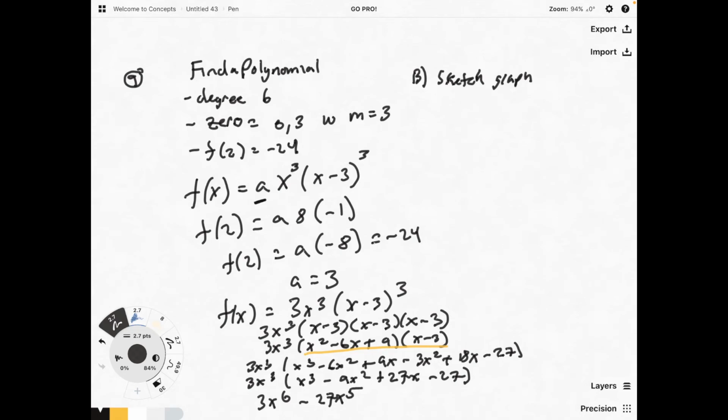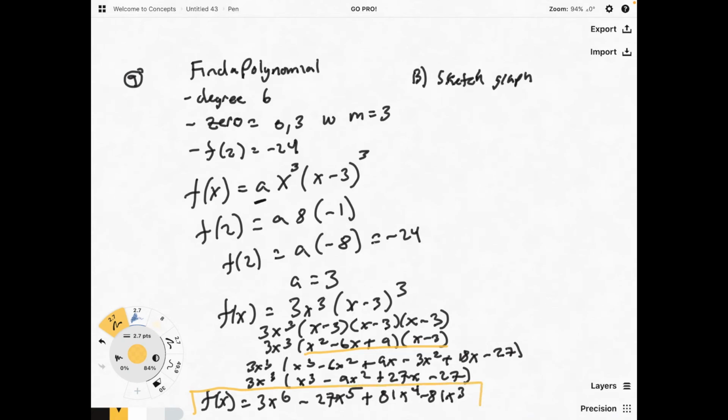And then 3x cubed multiplied by 27x is going to give us a positive 81x to the 4th. And then 3x cubed times negative 27 is going to give us negative 81x cubed. This is equal to our function f of x, and this is our final answer and our polynomial.